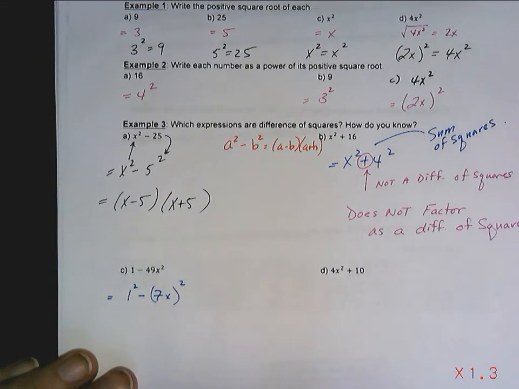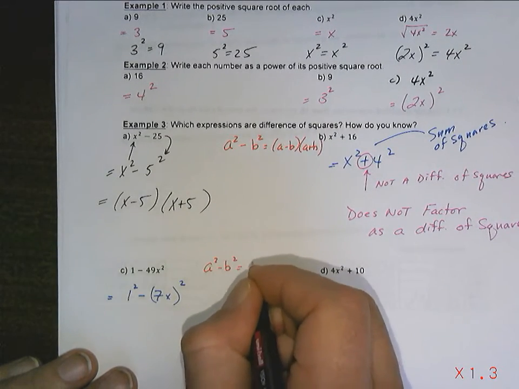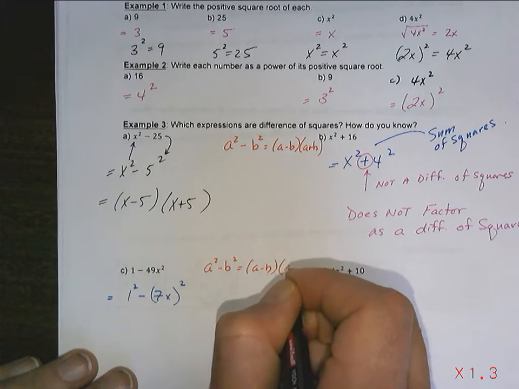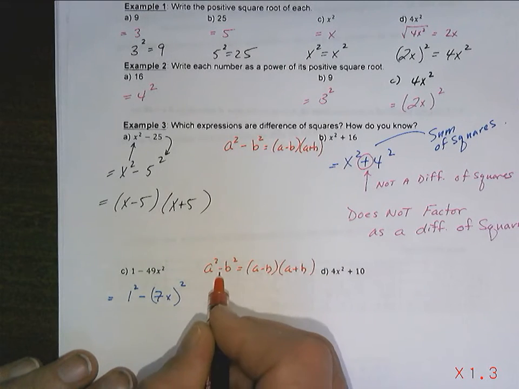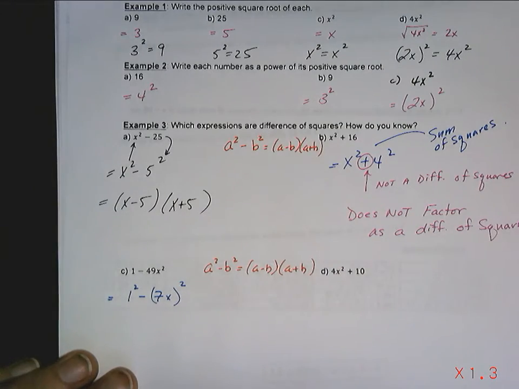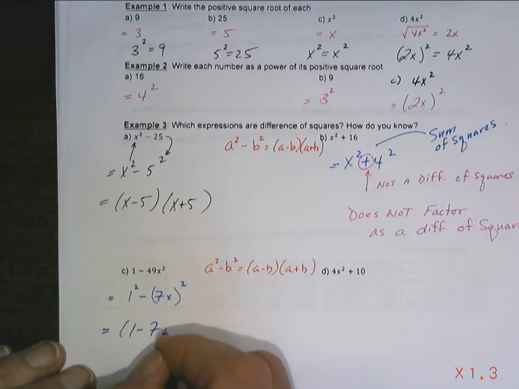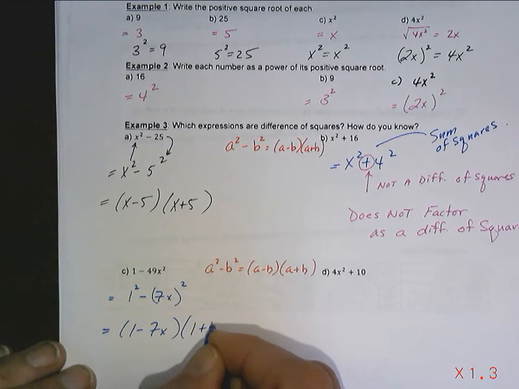I now use my formula. Do we remember what it was? You should write it out a few times so you don't forget. So a squared minus b squared is a minus b, a plus b. So in this case, my a is 1, so it's going to be 1 minus 7x and 1 plus 7x.